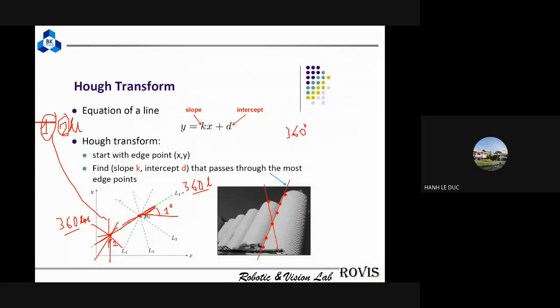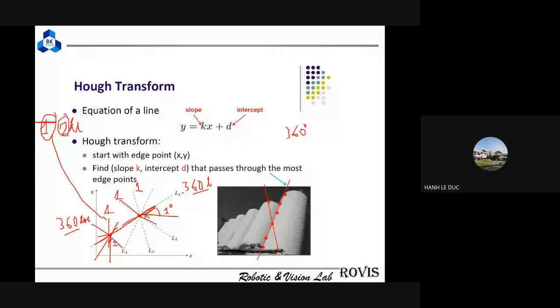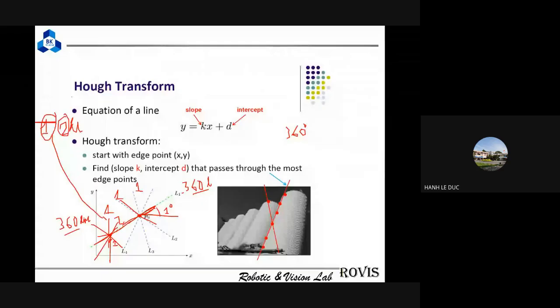All the remaining lines just have the number one, but here we have two lines. So we can see the working principle of the Hough transform. I explain the working principle first, and then we go to the detail.